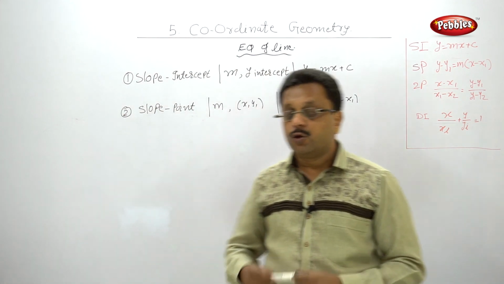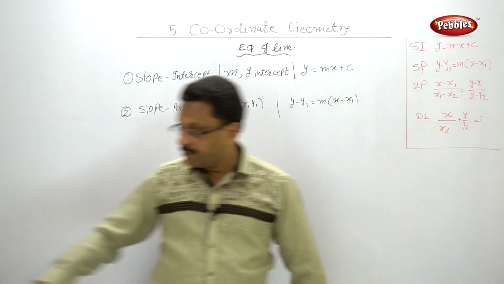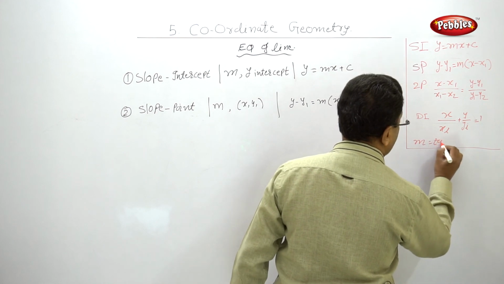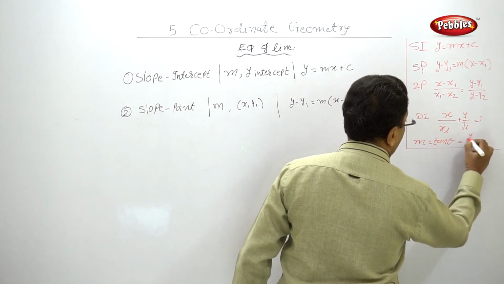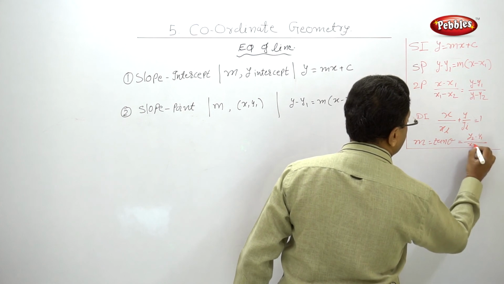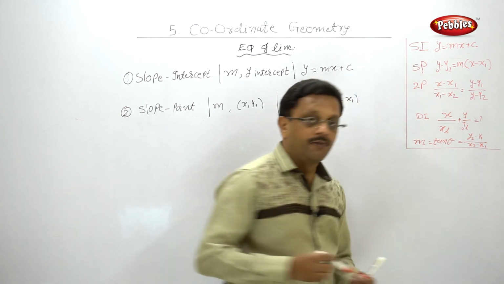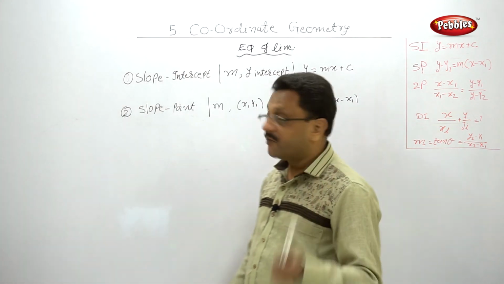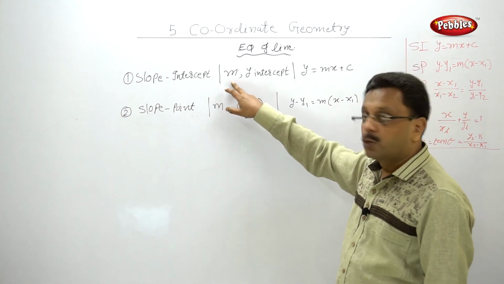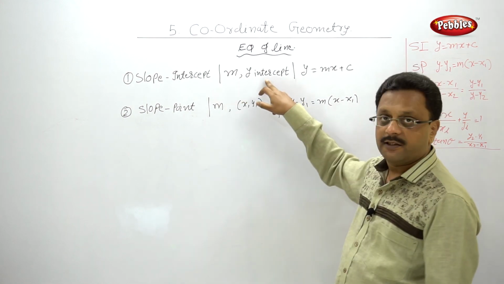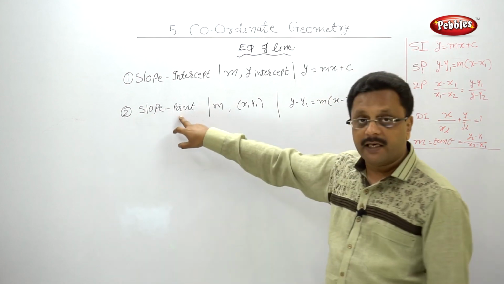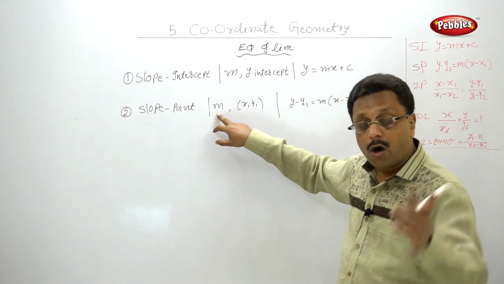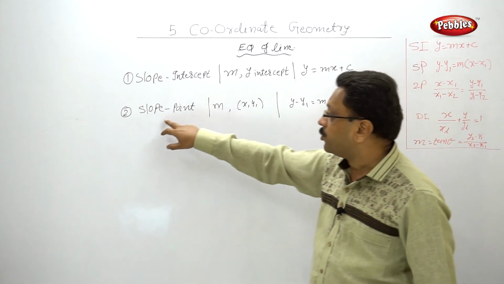But remember, you know that slope m can easily be found by m is equal to tan theta or y2 minus y1 upon x2 minus x1. We have this formula also with us. So maybe in the first case you will be given slope or theta and y-intercept. In the second case, SP case, you will be given 1 point through which the line is passing and m or theta. So we'll use SP here.